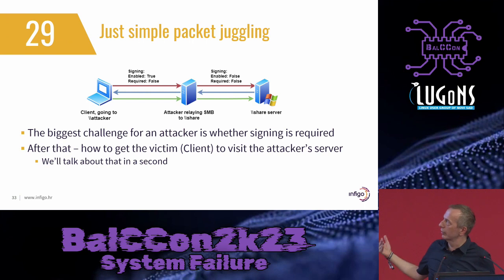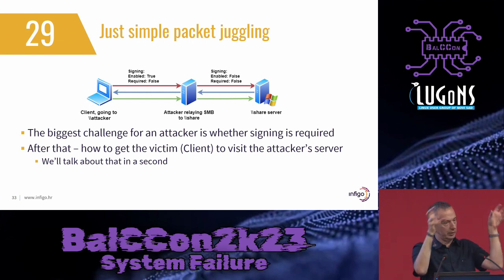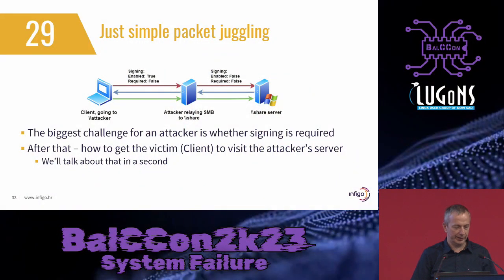So your client will send the initial SMB packet, remember the top layer, to the attacker. And now all the attacker needs to do is just send that packet to a different server, as we can see over here on the slide. Right? So I'm just relaying this to dash share. The share server, if signing is not enabled, will send a challenge back.